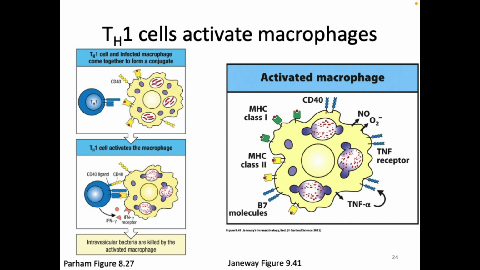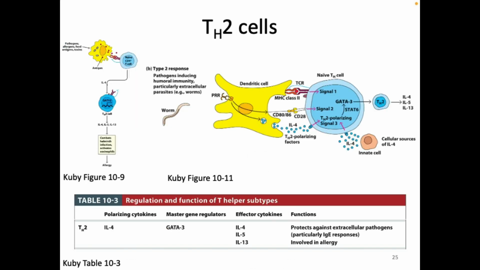The other one of the big original T cell subsets is the Th2 subset. The Th2 subset is polarized by IL-4. That starts the cell making the transcription factor GATA3. And now Th2 cells will start making a bunch of other cytokines, especially IL-4.